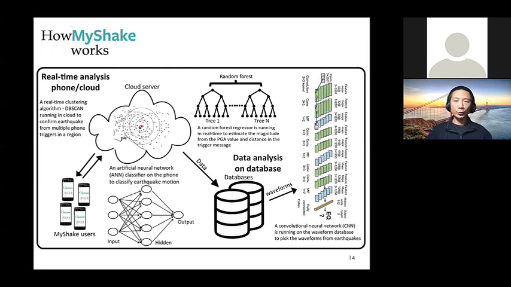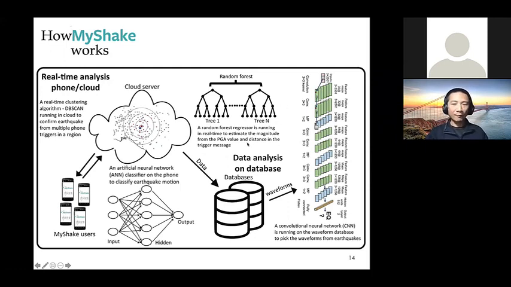That's why you see spatial and temporal clusters during a real earthquake, but not during daily activities. Then, based on the data we collected from the phones, there's a random forest.